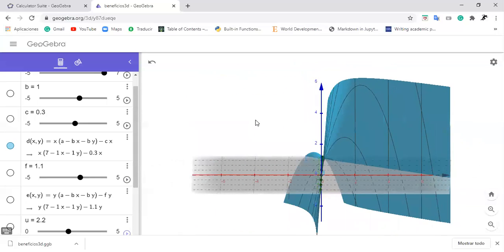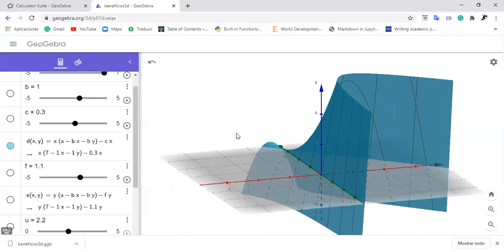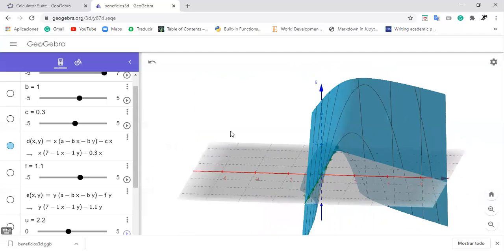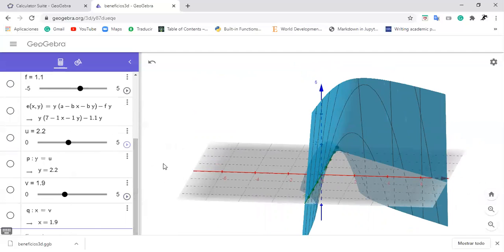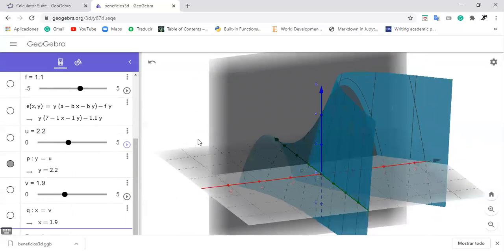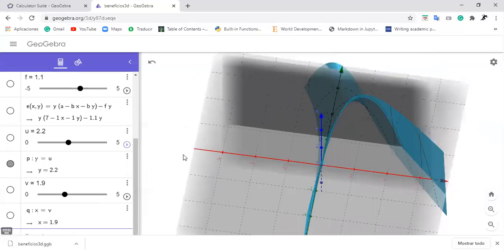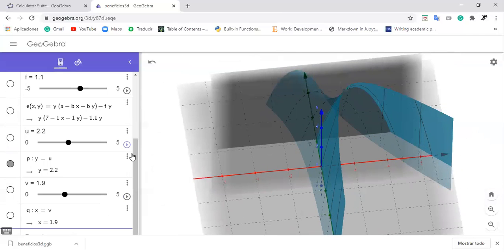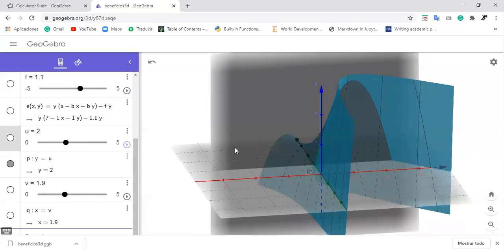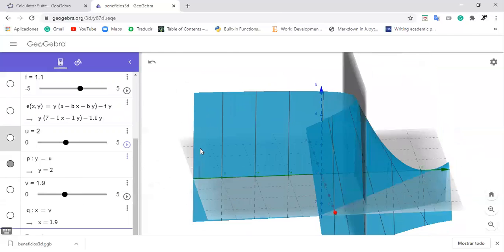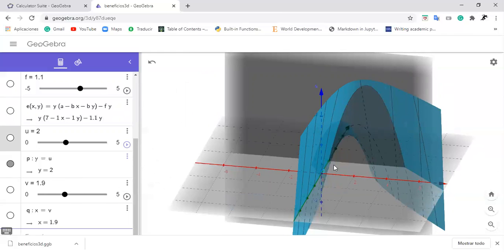So these are the profits, okay? And let me tell you something about this. Firm number 2 is going to fix the quantity produced, okay? So for example, if firm number 2 fixes its amount produced at, I don't know, 2, then firm number 1 has this parabola.